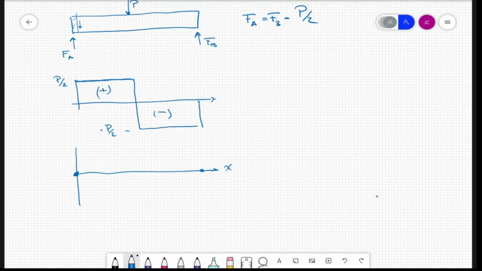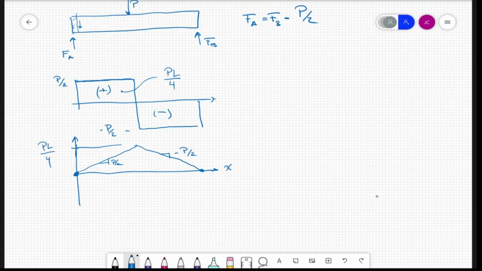So here we have a slope of positive P on 2 up to this point, and then a slope of negative P on 2 to this point, right? And so this value of the moment here is the area under this curve, which is going to be P on 2 times L on 2. So that's PL on 4. All right, so that's the peak moment.